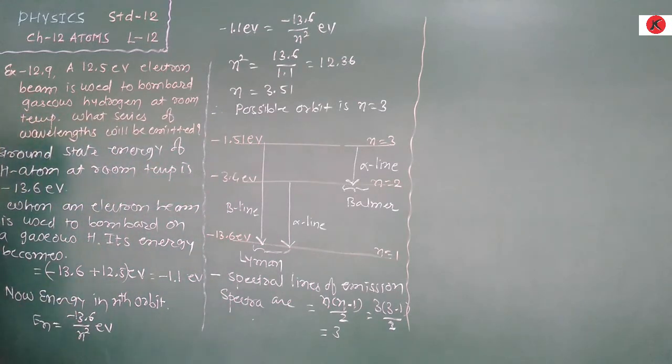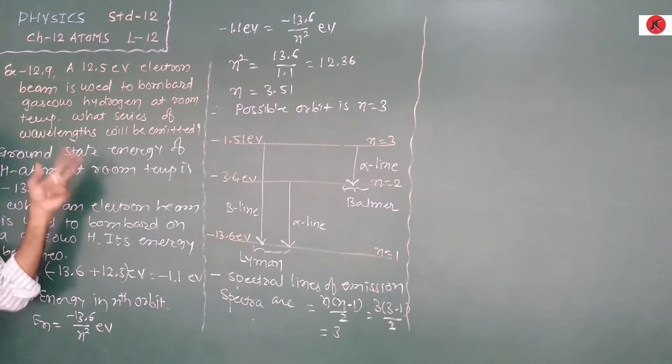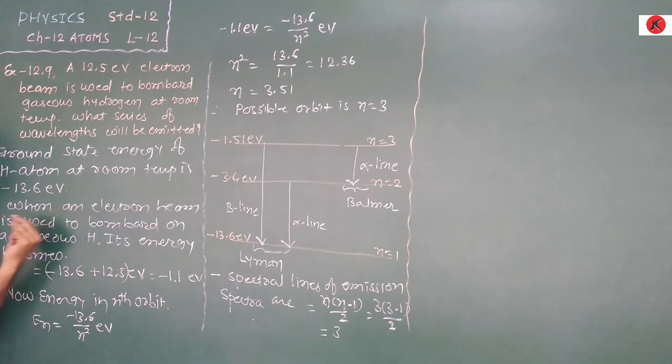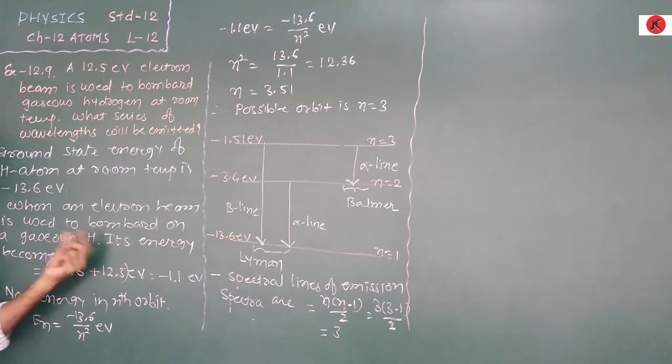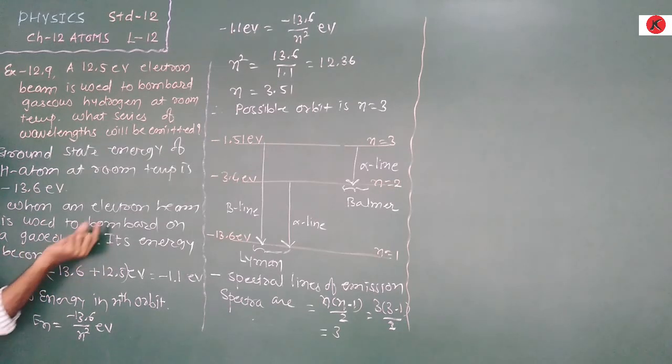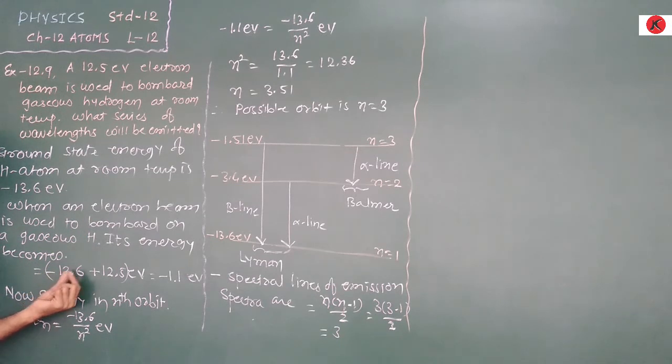Again, we repeat it. The ground state energy of the hydrogen atom at room temperature is minus 13.6 electron volt. That is the initial condition. When the electron beam is used to bombard gaseous hydrogen, the atom, which already has energy minus 13.6, gains the energy 12.5 electron volt due to the bombardment. Therefore, its energy becomes minus 1.1 electron volt.